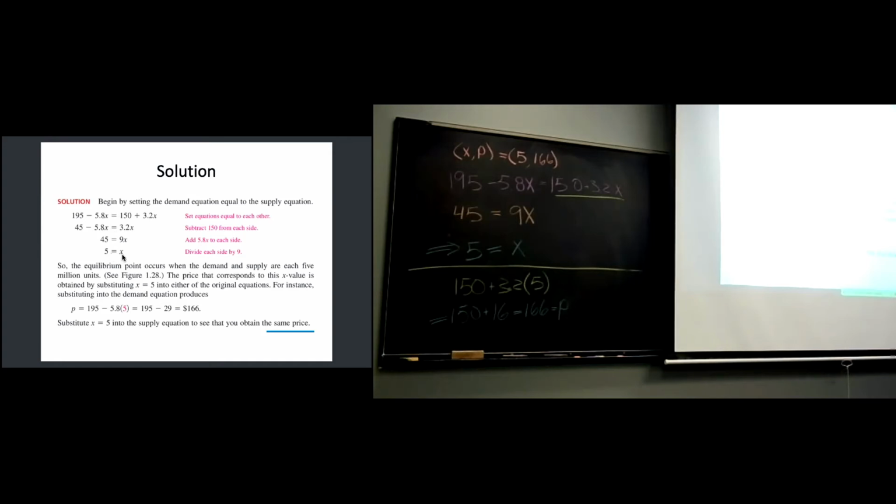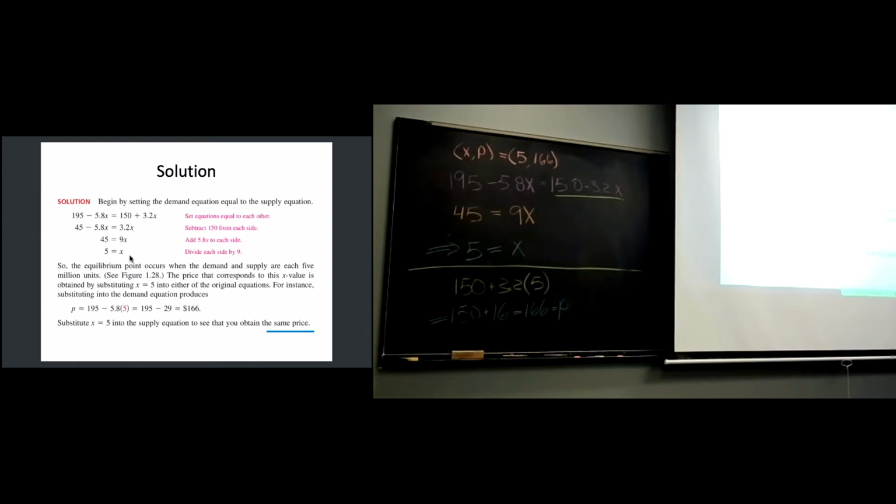That's all great and good, except this doesn't tell you what the price is. It only tells you the number of commodity items, right? The number of goods, the unit of goods. So you're going to have to take this value and plug it back into either of those equations. They decided to plug it back into 195 minus 5.8x, and they got 166.